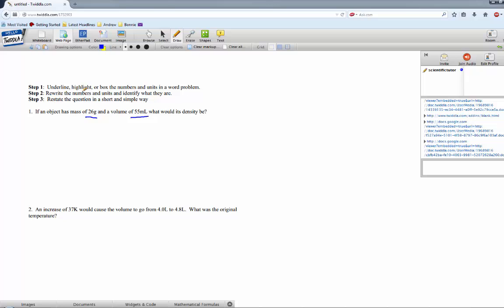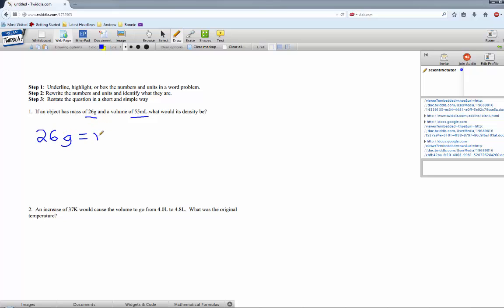Step 2, rewrite the numbers and units and identify what they are. So my first number is 26, and the units that go along with it are grams. I'm going to identify what this is.